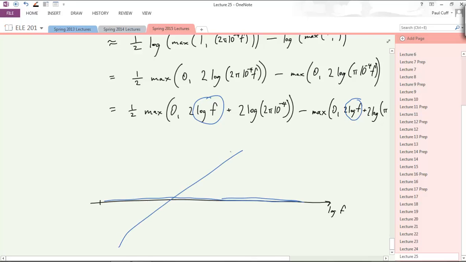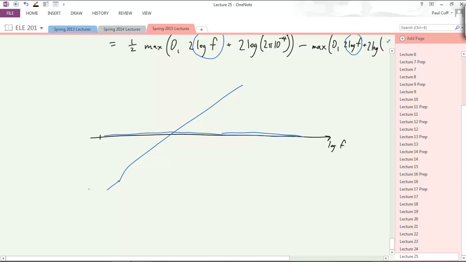In fact, that function is just going to be slope 2, and it's going to cross the origin at 2 log 2 pi 10 to the negative 4. All right. So really, the max of these, I'll draw in red, is just these.